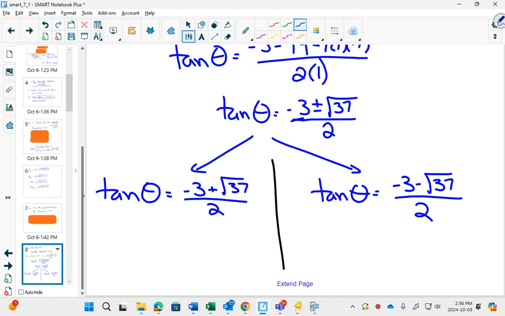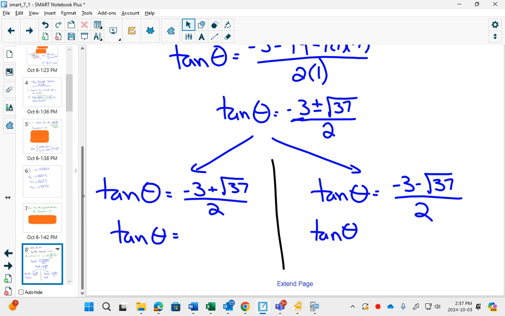But just because the numbers are a little bit ugly looking, doesn't mean it's any more difficult than what you did before. How do you solve? You need to find a reference angle. Maybe temporarily you want to type these into your calculator just to see, are they positive or are they negative? But sometimes fractions like this are not easy to tell.